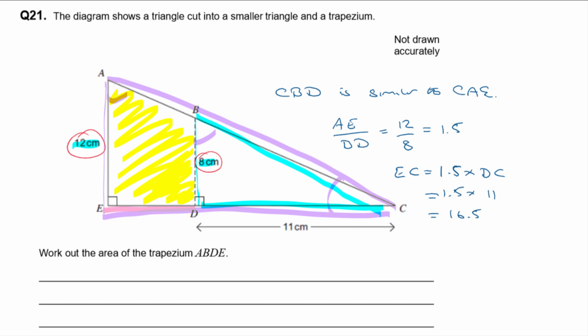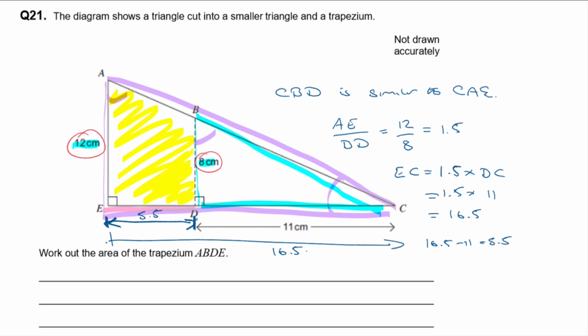Okay, so it's 16.5 from there down to there. If that's 16.5, then this part up here, look, is going to be 11 taken away from 16.5. So 16.5 subtract 11, that's 5.5. So that's going to be 5.5 there, and that's the height then of our trapezium.